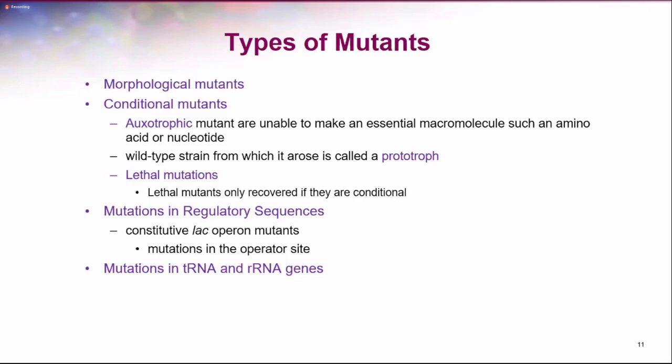So you can have a mutation where that initial denaturation cannot be corrected by the heat shock proteins, for example. All right, so conditional mutations are generally trying to express lethal mutations under certain restrictive conditions.